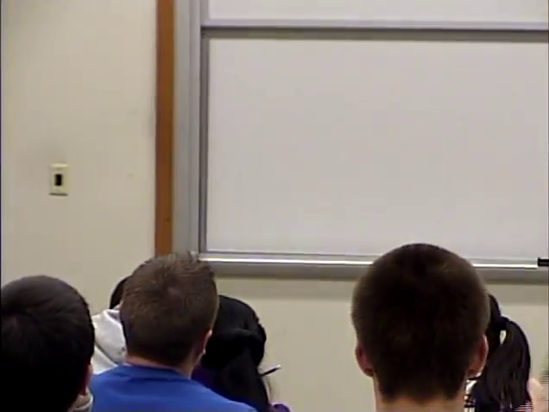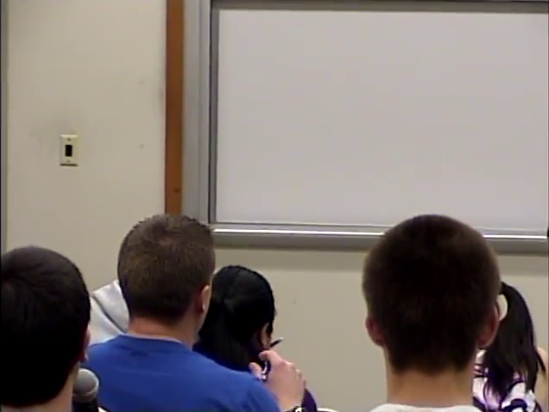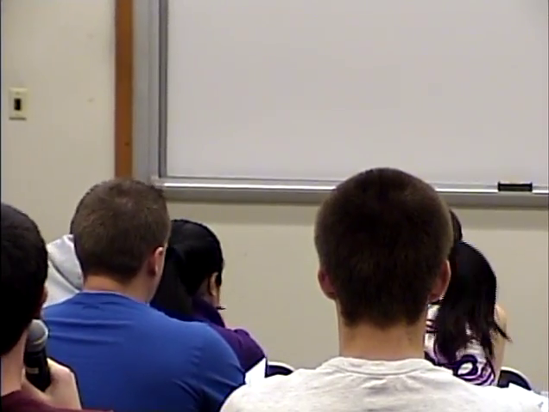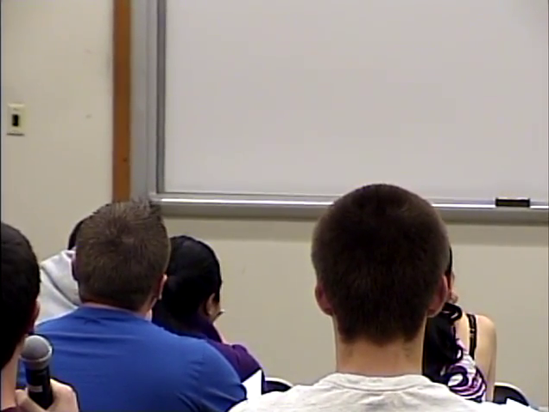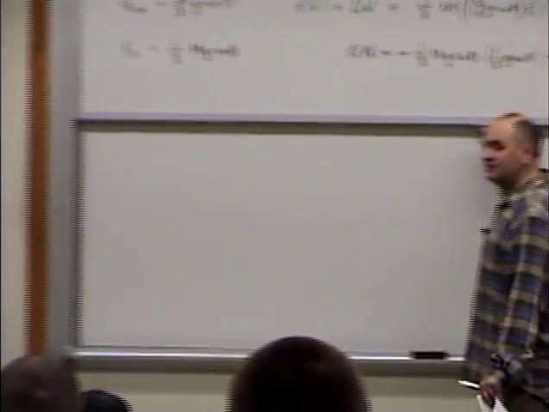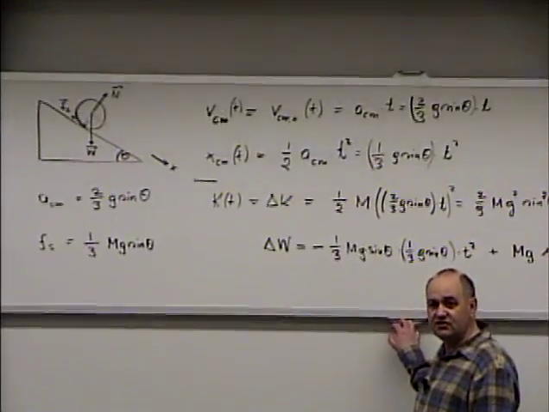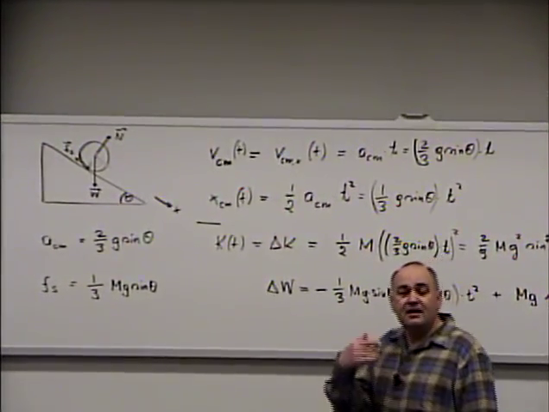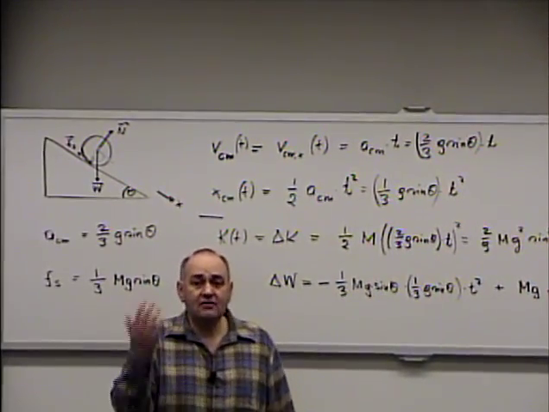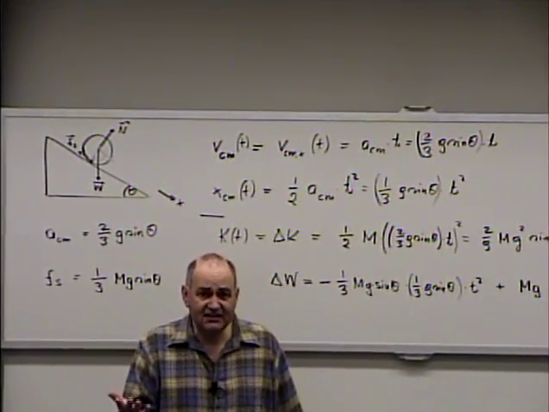Have you figured it out? Okay, why don't you have a try? Rotational kinetic energy, it's about the axis. Very good. With rotational kinetic energy, I always have to specify about which axis, right?